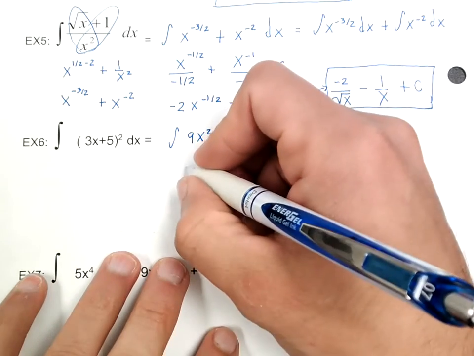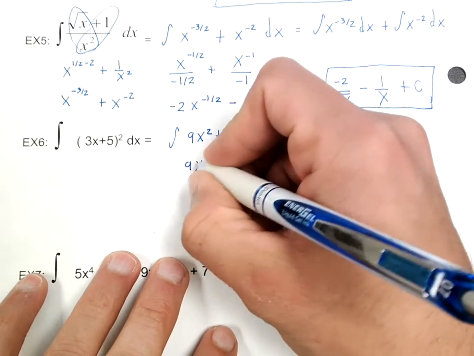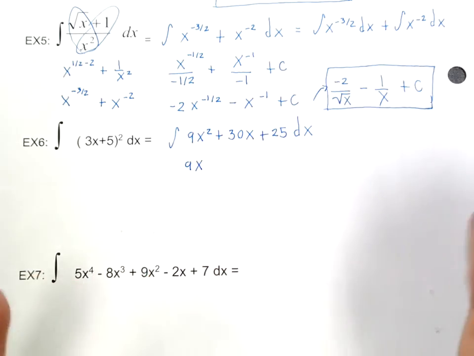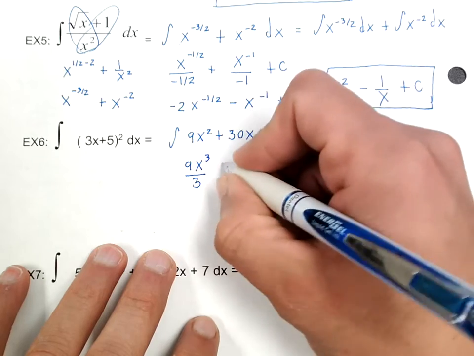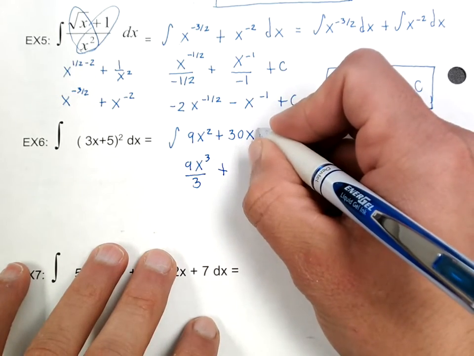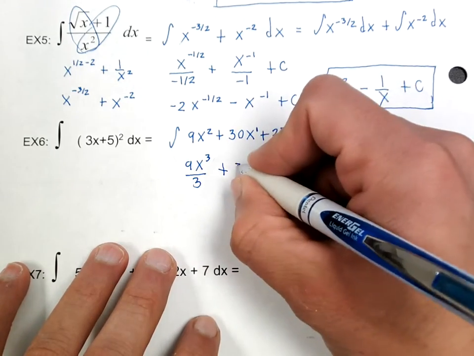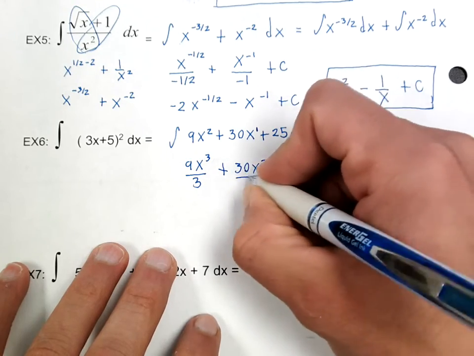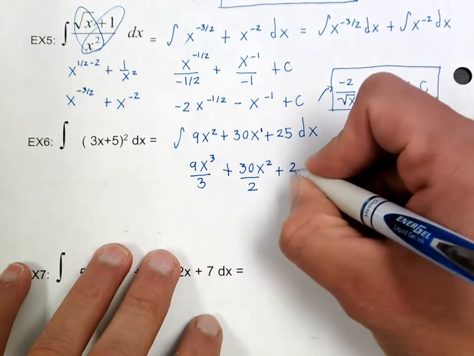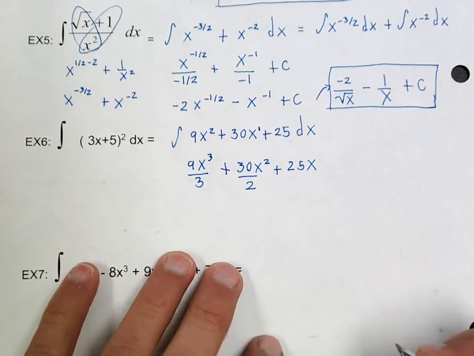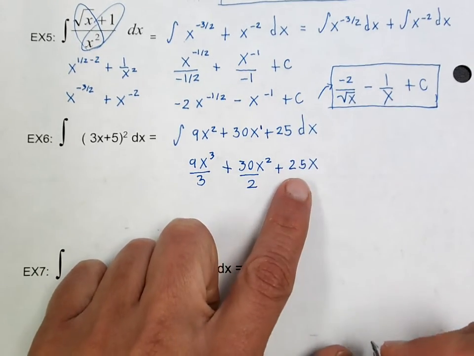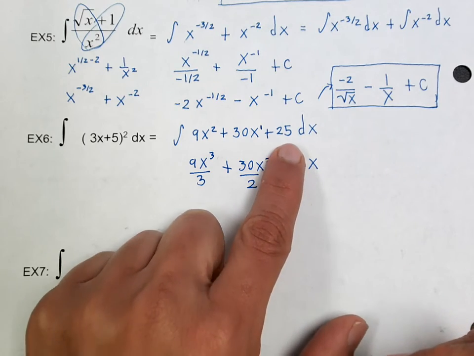The 9 just came from that 9, I'm not doing anything with it. I'm going to add 1 to that power, and divide by the same power. On this one, I'm going to add 1 to this power. Now this is a power 1, so I have 30 x squared over 2. Plus, if you have a constant, all you're doing really is adding an x. Because think about it, if I take the derivative of 25x, that should just give me 25.